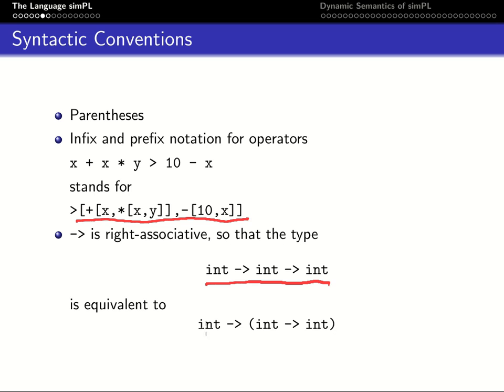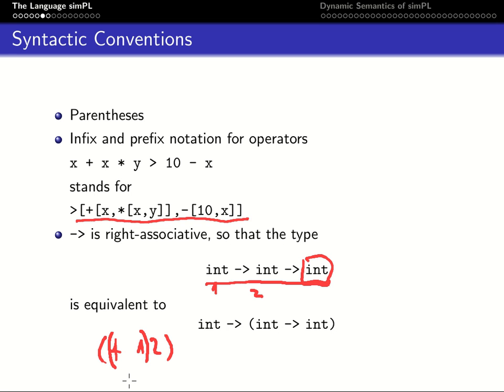So here let's say we have a function f, and normally we would say f 1 2, and we would expect a result of type int. 1 is of type int, 2 is of type int, so they're both of type int, and the result is expected to be of type int. But remember what we said about application. f is applied to 1, the result of that further applied to 2, and that should yield another result. So in principle, if I write this, I should still be okay, right? f is applied to 1, the result is further applied to 2.